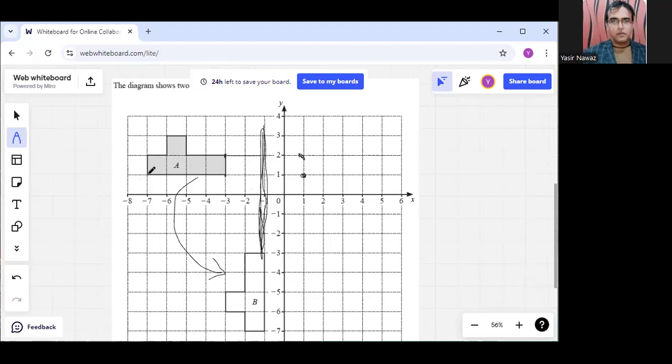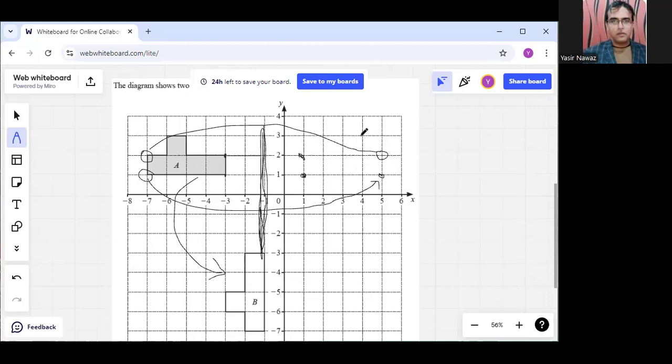And this point, how much is it away from the middle line? So 1, 2, 3, 4, 5, 6. So six unit. So this point will be shifted here. And what about this point? This point will be shifted here.